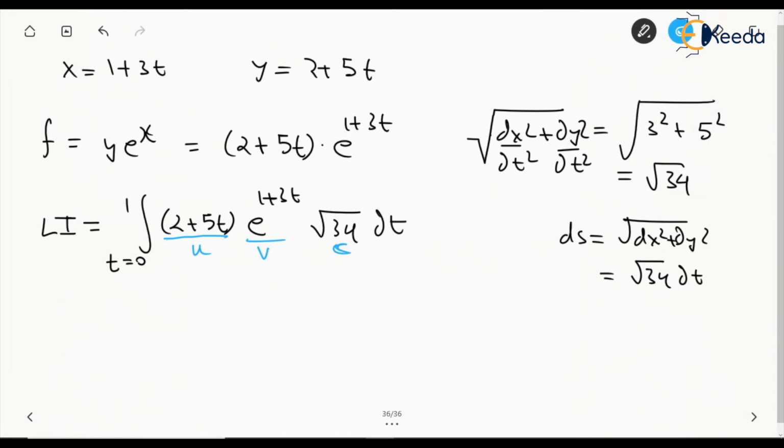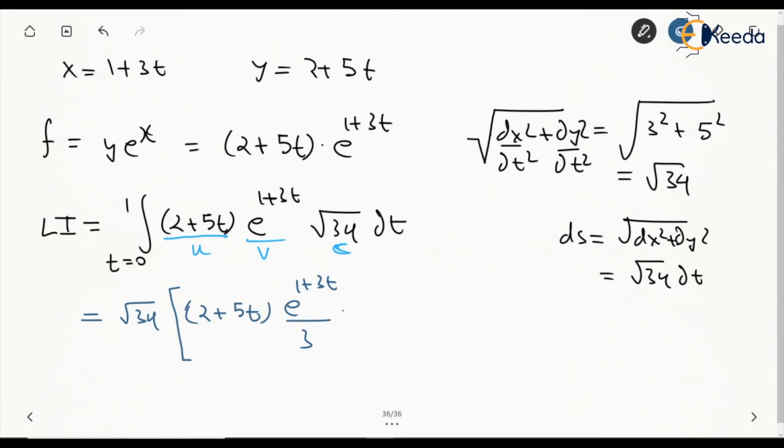so this integration is going to be, I'm taking this root 34 outside, and the uv integration says it will be first 2 plus 5t into e to the power of 1 plus 3t divided by 3.